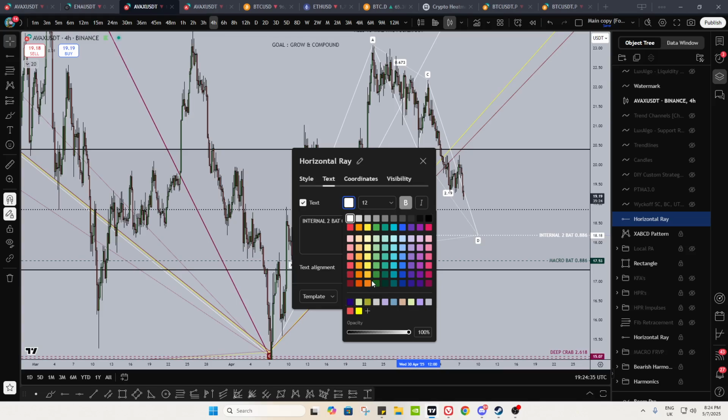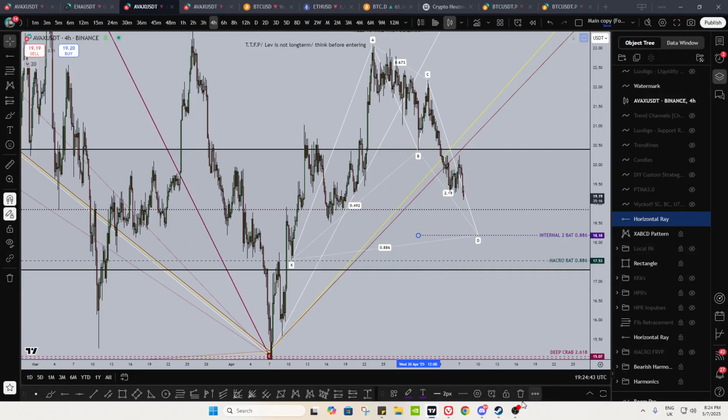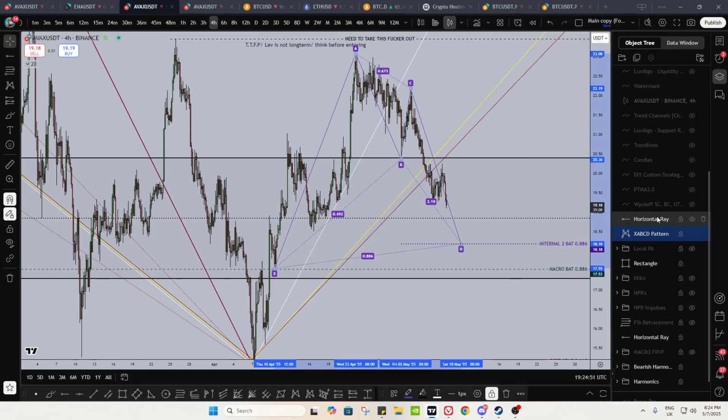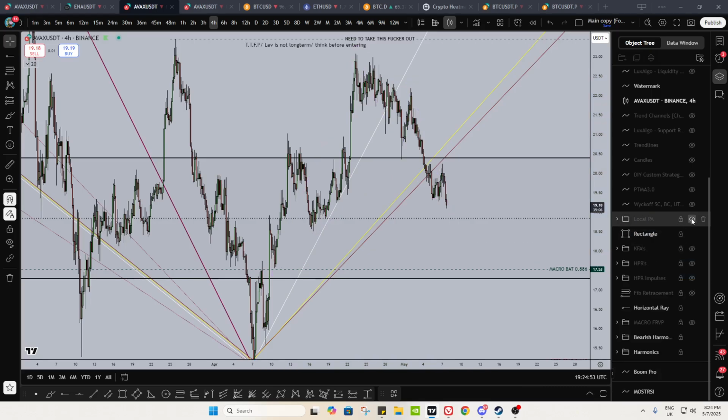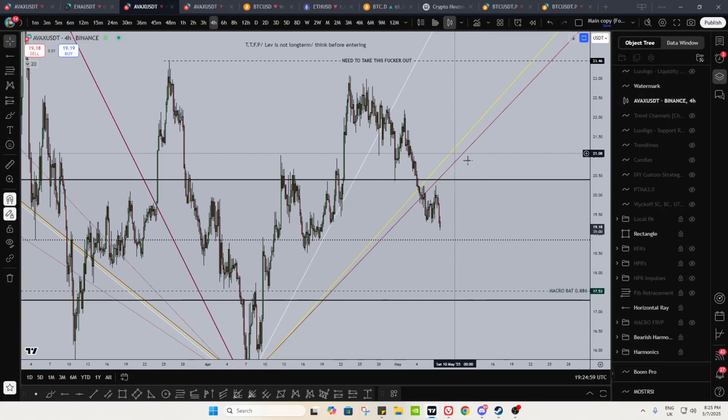Let's use purple. Why not? There, perfect. There we go. And only if that is lost do we get lower, and we don't have any wave structures coming lower for now.